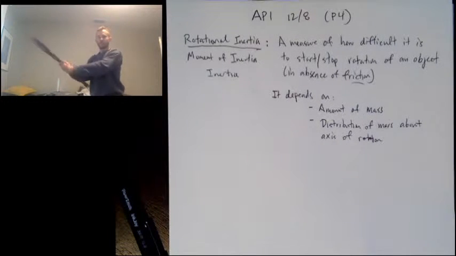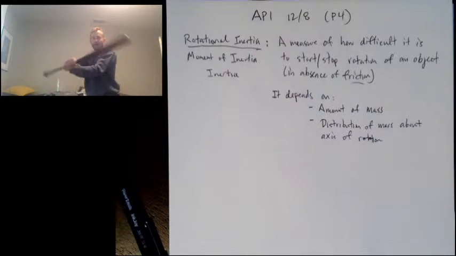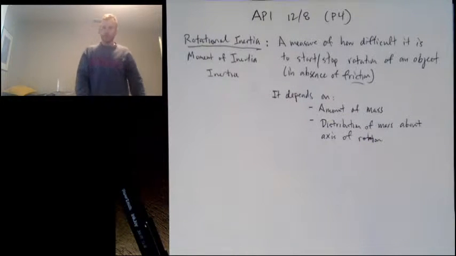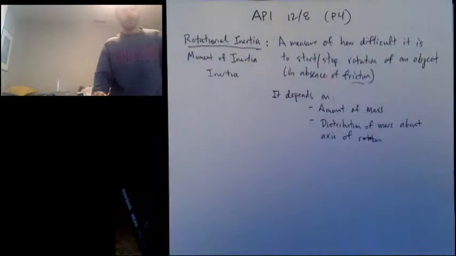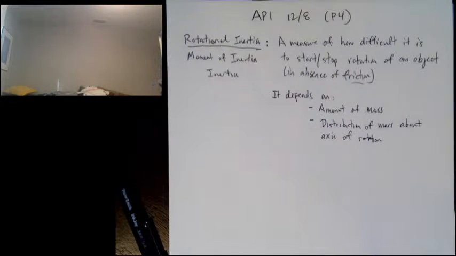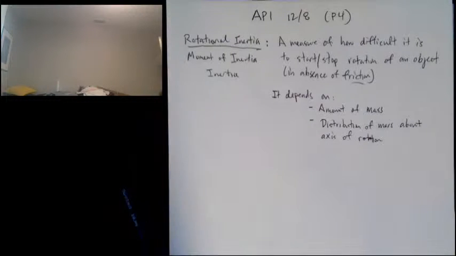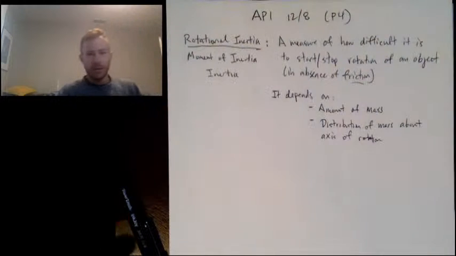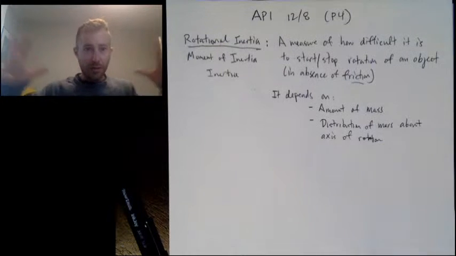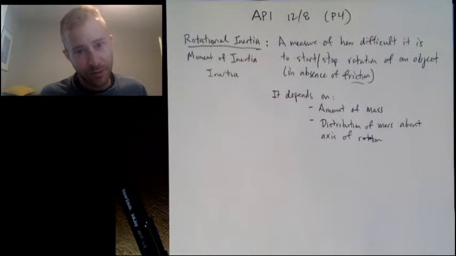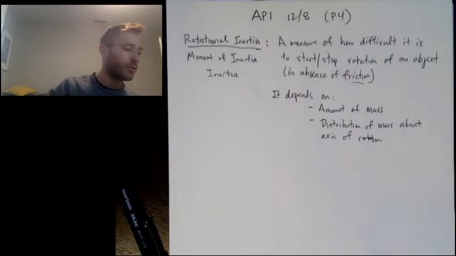It reduces the rotational inertia of the bat, so you can swing faster and hopefully react quick enough to hit the ball, okay? All right. So anyways, it depends on how the mass is distributed about the axis of rotation. That changes the rotational inertia.